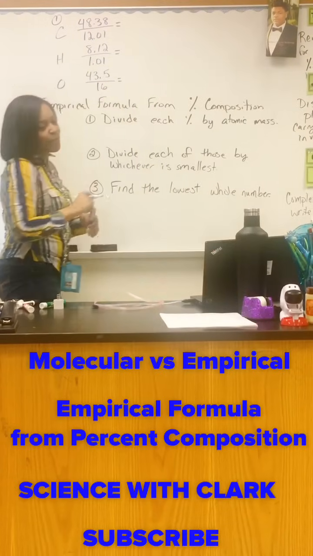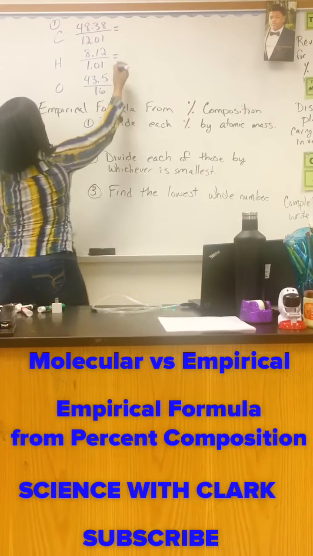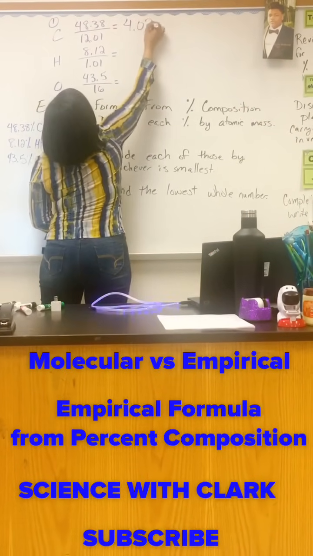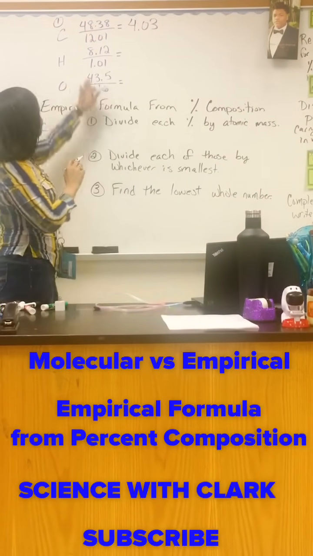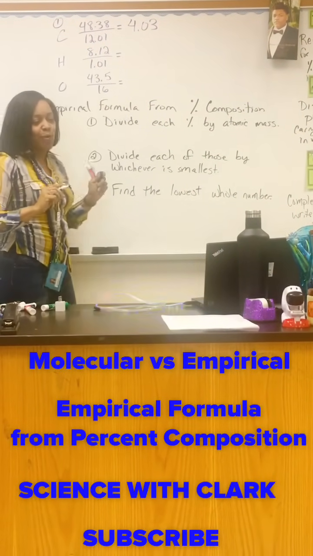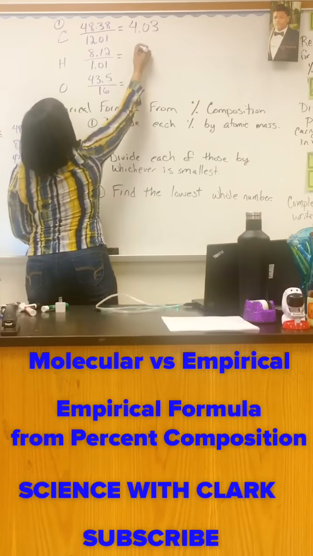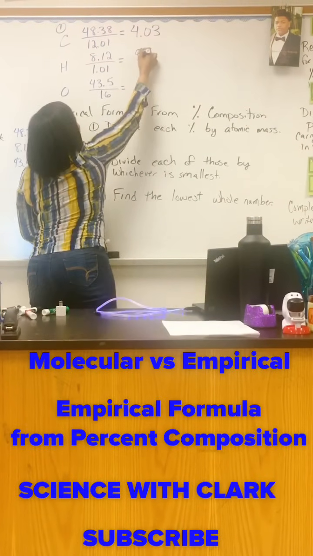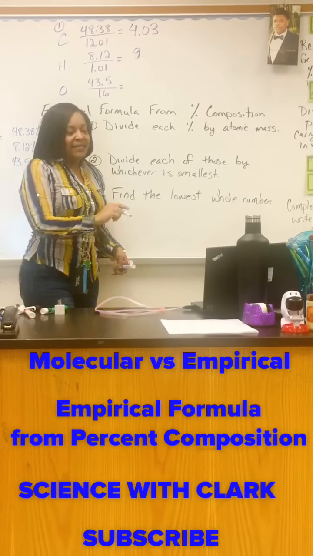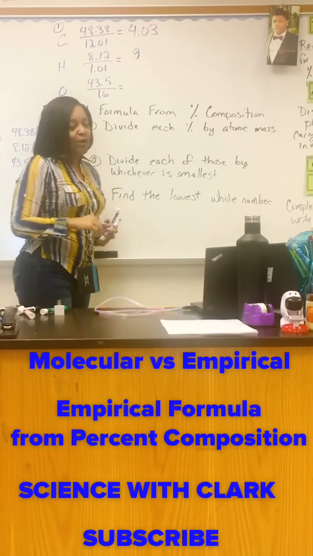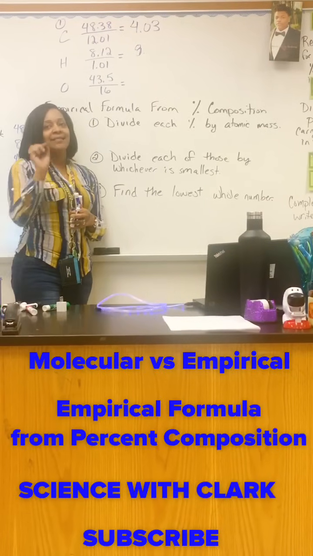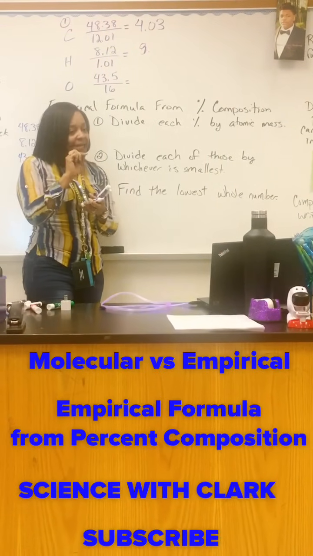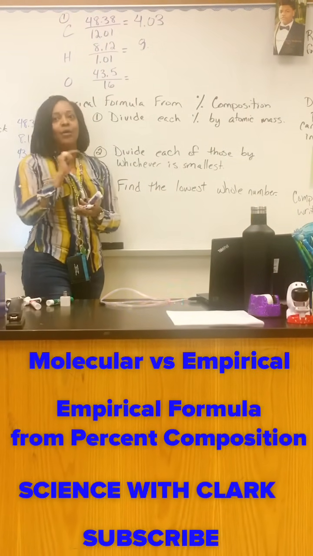Now, somebody has already put these numbers in the calculator, I'm sure, because you know I'm about to ask you some answers. What is 48.38 divided by 12.01? 4.02. Thank you so much. Very good. And what is hydrogen's value? 8.12 divided by 1.01? Go ahead and put that in your calculator. 8.12 divided by 1.01.